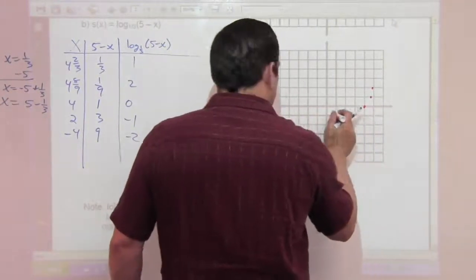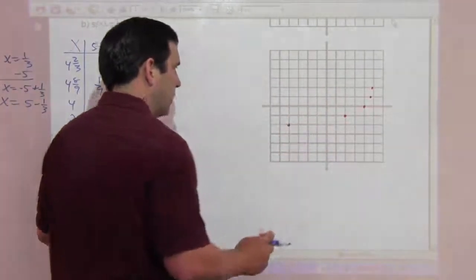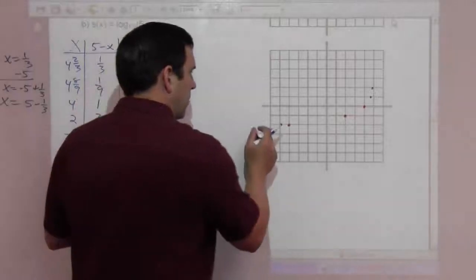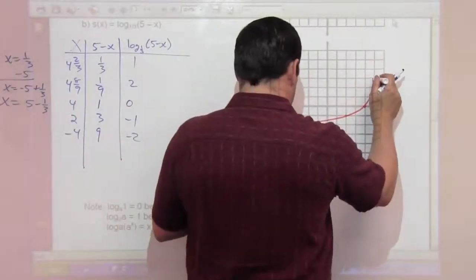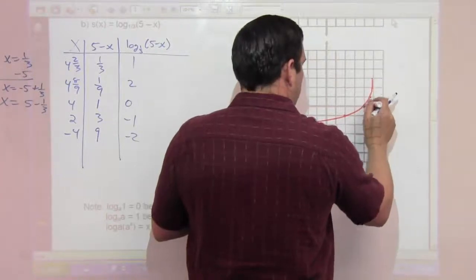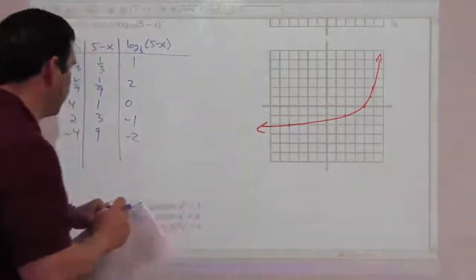And -4 for x corresponds to -2. And that's that.